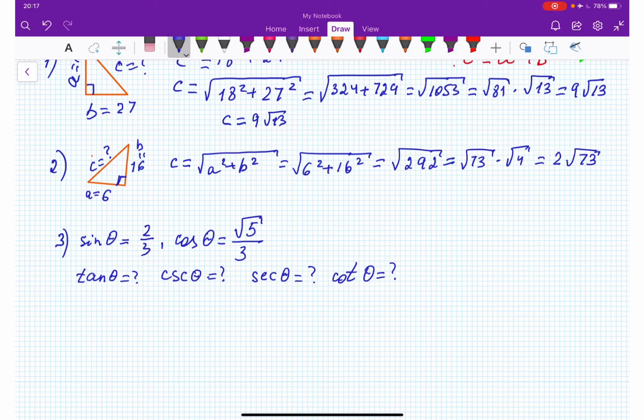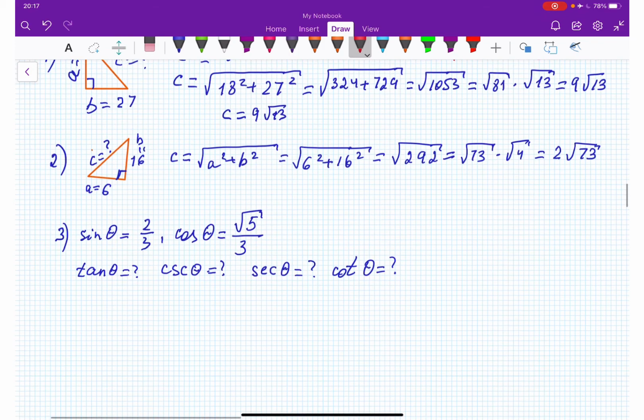So, tangent theta is equal to sine theta over cosine theta. Cotangent theta is equal to cosine theta over sine theta.